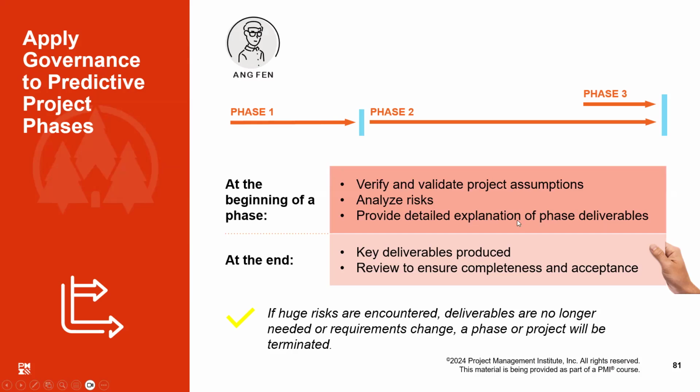Only then we can get into the working of the phase. When we end the phase, key deliverables will be produced and we will review to ensure completeness and acceptance. That is going to happen in the beginning and end of every phase. Just remember that there might be a question in the exam on this point.